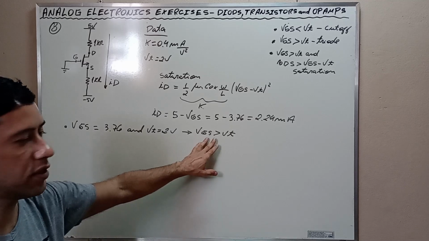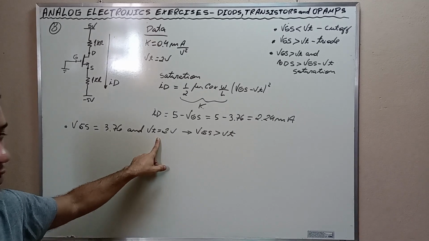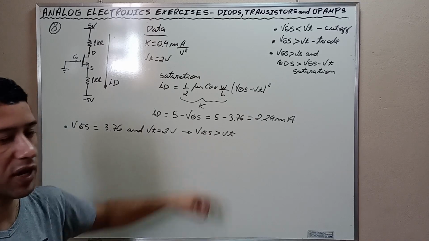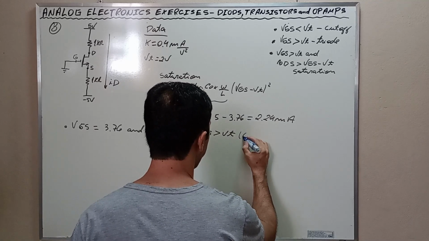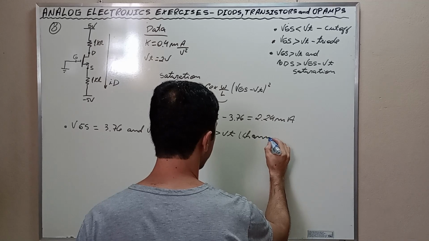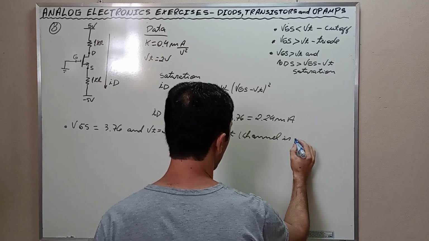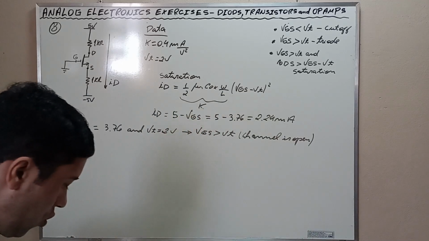And what does this mean? When VGS is greater than VT, it grants that the channel is open, okay? The channel is open.